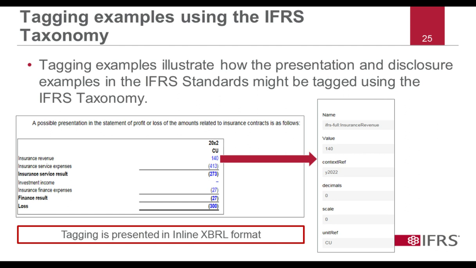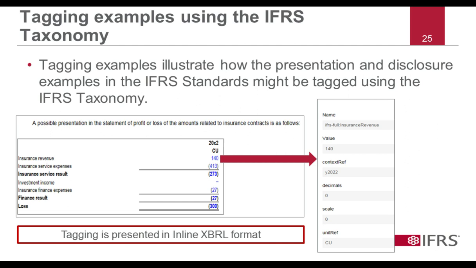One is XBRL format, which requires specialized software for opening documents, but we also provide the document in inline XBRL, which allows users to view examples in most internet browsers. The example on the website is of the inline XBRL. In addition, the inline XBRL viewer allows users to view the details associated with the elements by clicking on the highlighted number. And again, that's what we were trying to show on this slide.